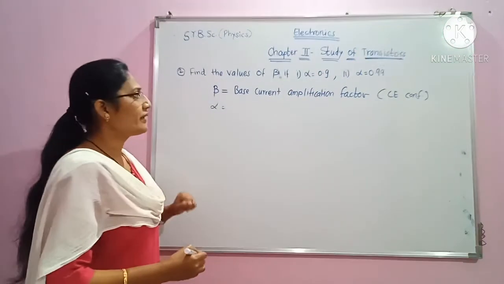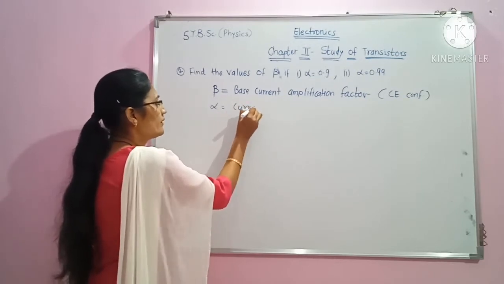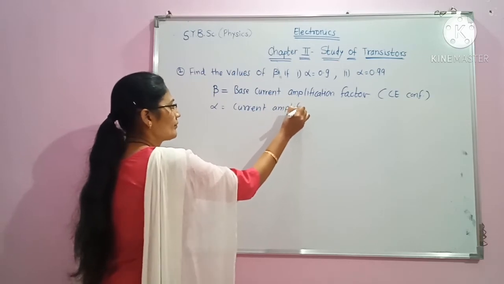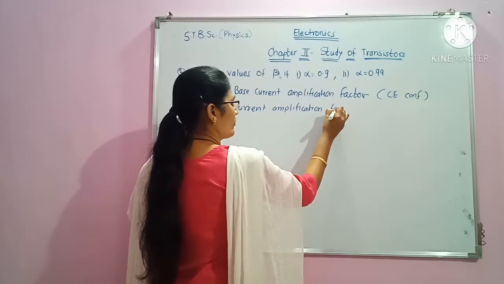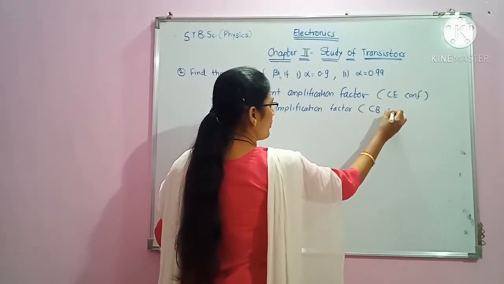And alpha is nothing but the current amplification factor during common base configuration.